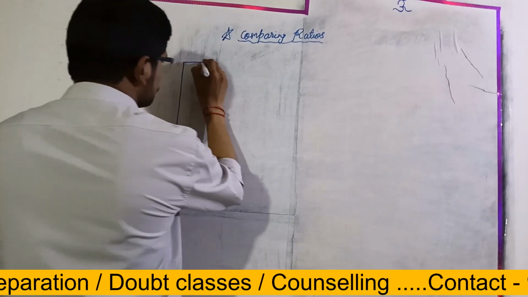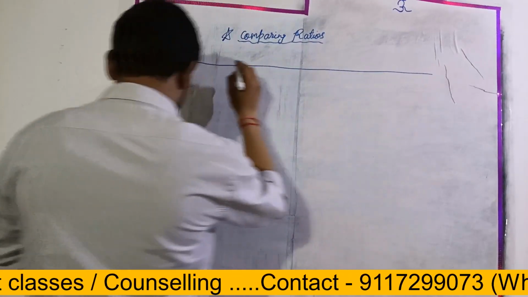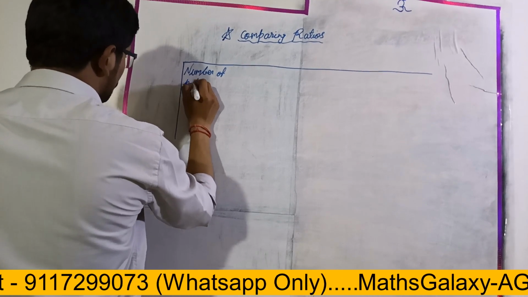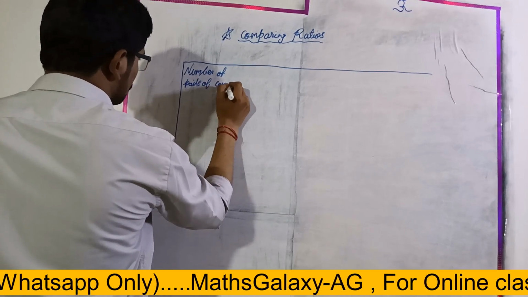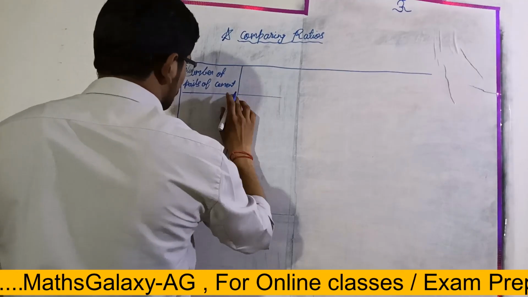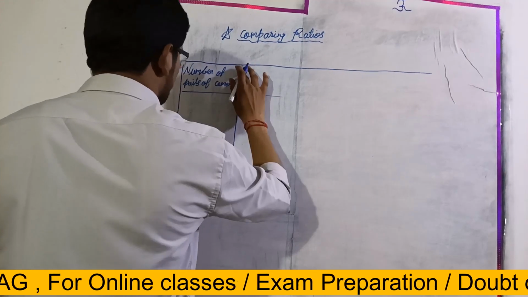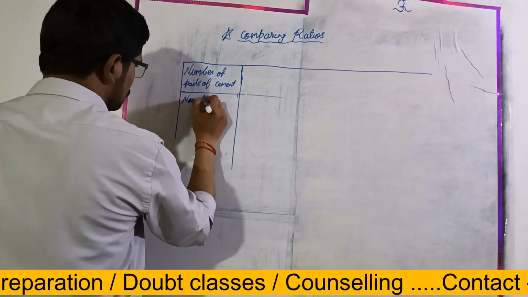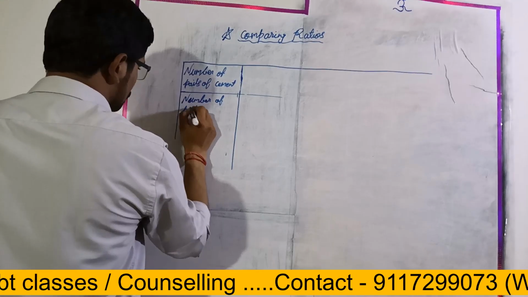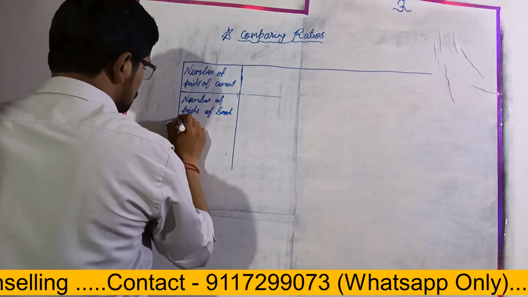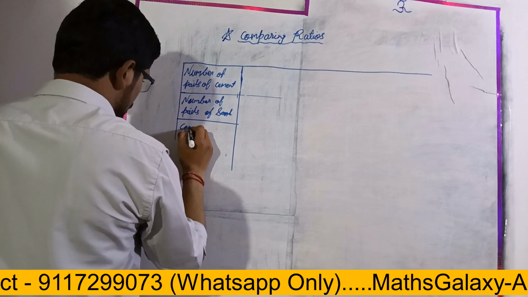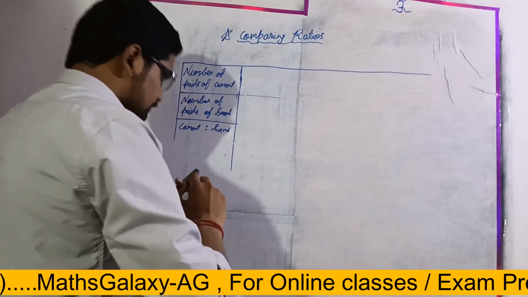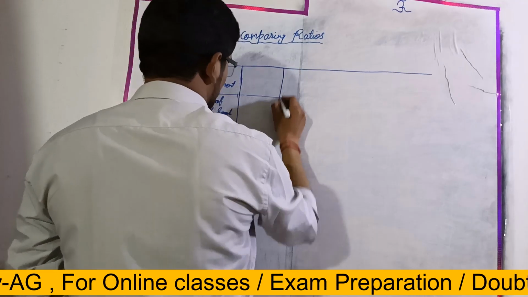The columns are number of pails of cement, number of pails of sand, then cement is to sand.